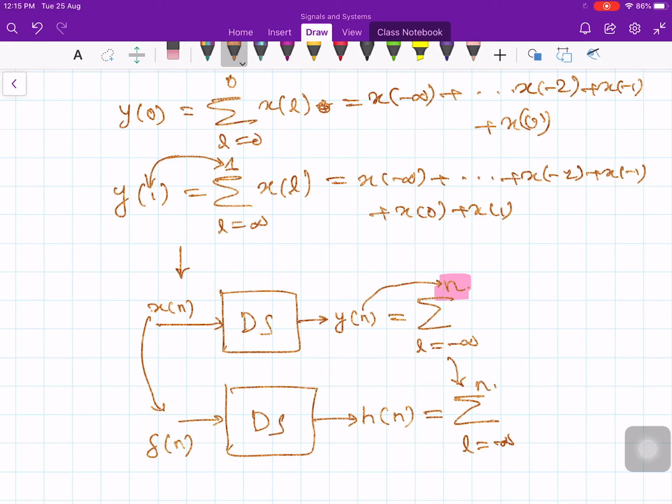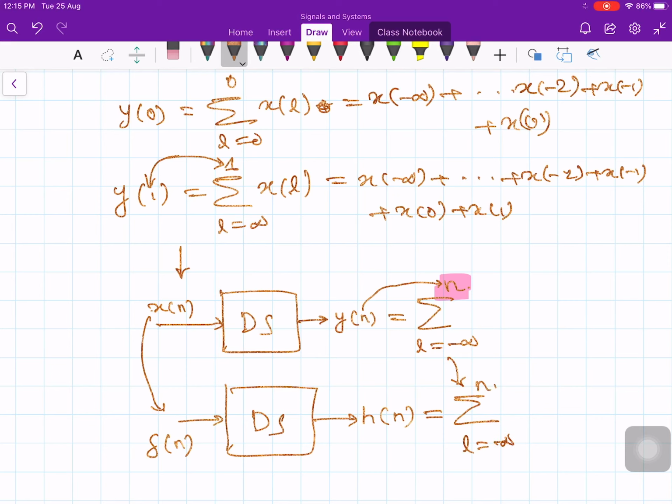So instead of x of L, you write down here del of L. Why? In the first case the input is x of n, but in the second case the input is del of n. Therefore, the input is replaced here by del of n; this x is replaced by del of L. Therefore, your impulse response h of n for the given system is summation over L equals minus infinity to n of del of L.